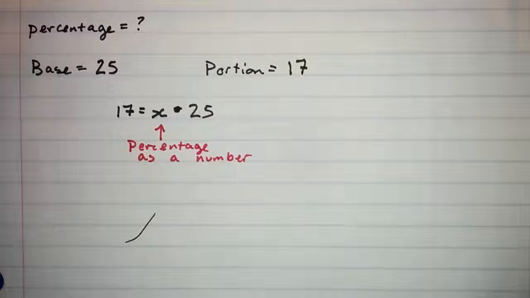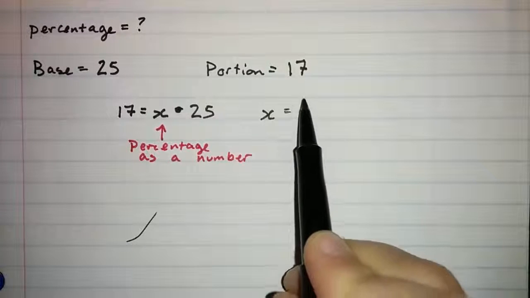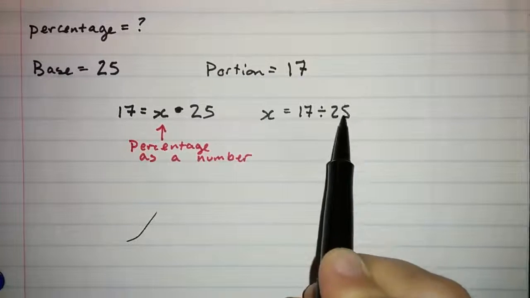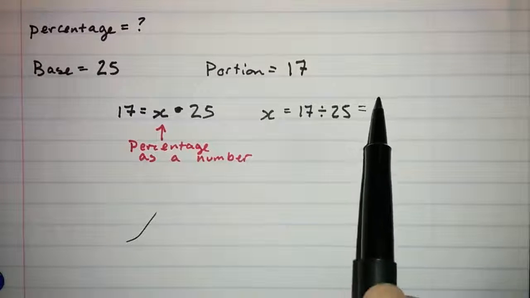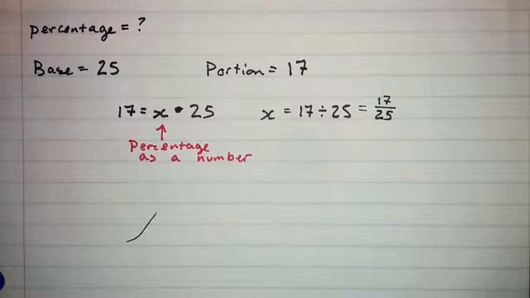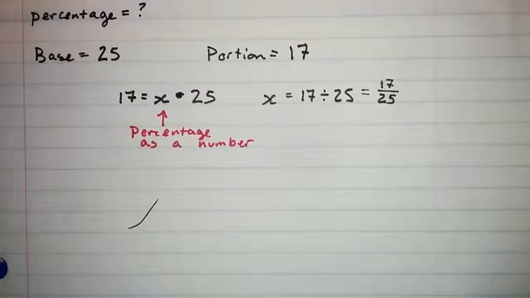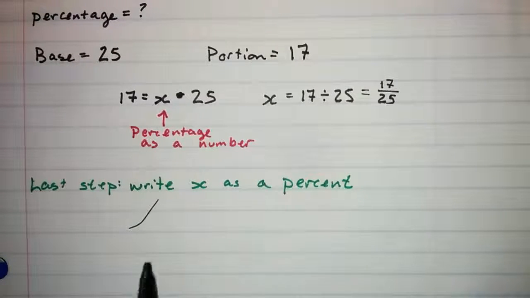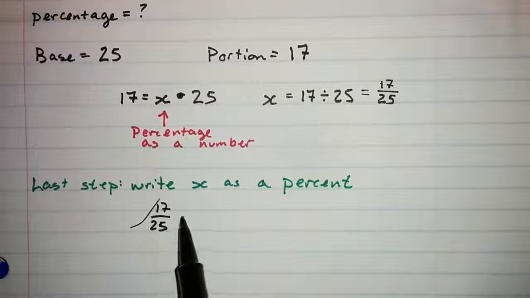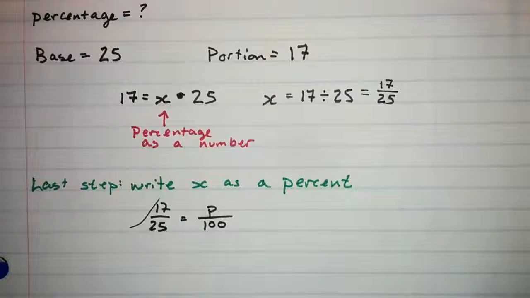So let's see, missing thing in a multiplication problem, x will be 17 divided by 25. So x will be 17/25. Well, we know how to make a fraction into a percent, right? We'll just say 17/25 equals some number over 100.